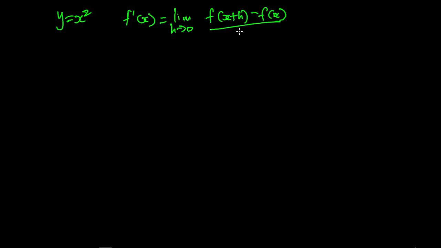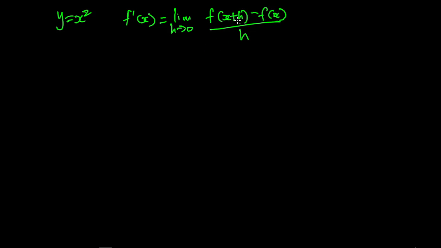Given an expression of y equal to x squared, we want to use the derivative formula to find the derivative of this expression. From our derivative formula, f prime of x, which is the derivative of our function, is equal to the limit as h approaches 0 of f of x plus h minus f of x all over h.